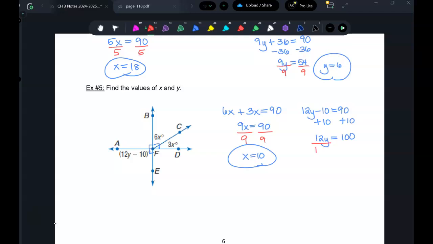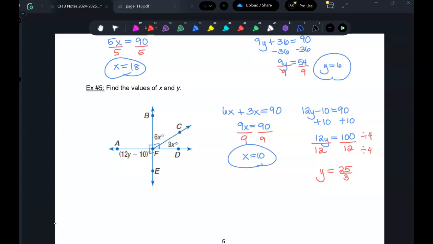Okay, now it doesn't go evenly. So it's a good thing we were practicing those fractions. What can we divide the top and the bottom both by? I could divide the top and the bottom both by 4. 100 divided by 4 is 25, and 12 divided by 4 is 3.